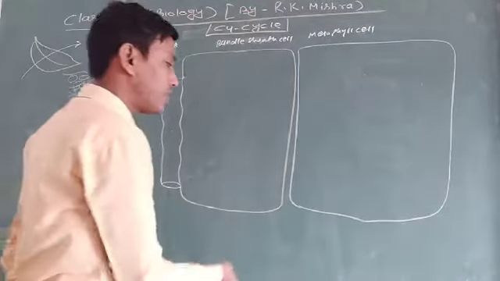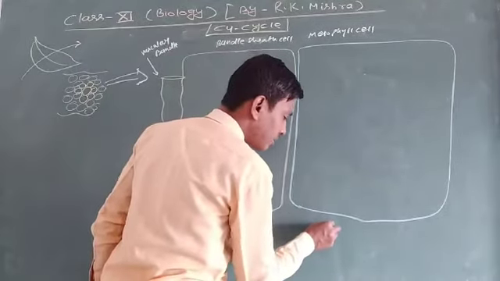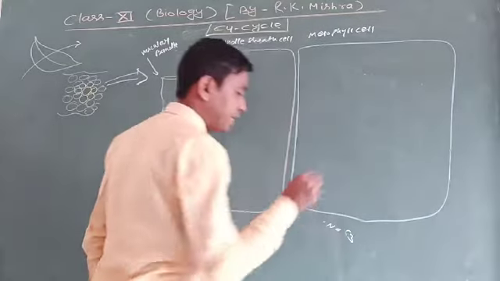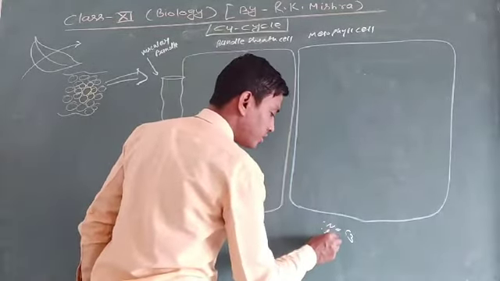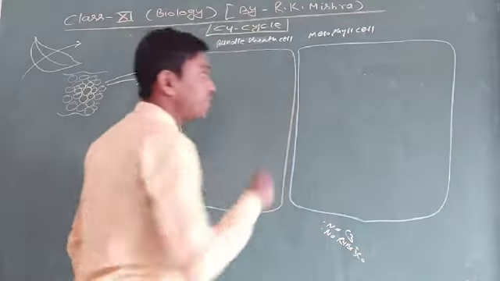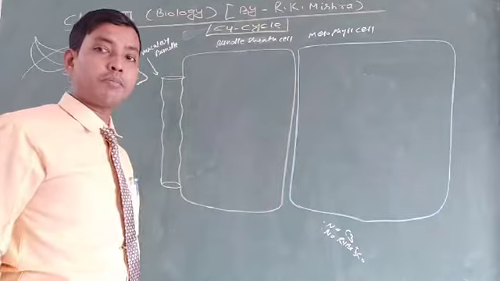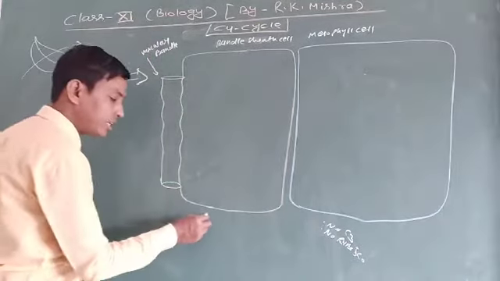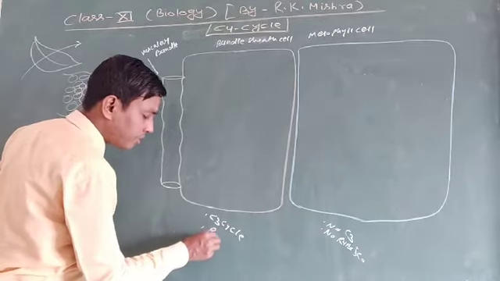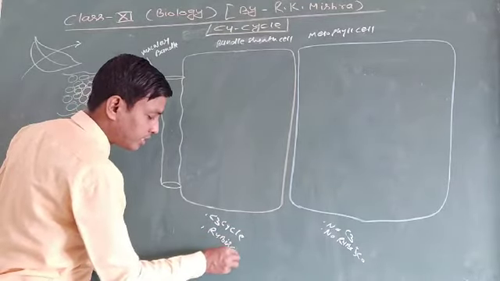Characteristics of mesophyll cell: this cell has no C3 cycle because of having no Rubisco enzyme. It means in mesophyll cell, Rubisco enzyme is absent, and in bundle sheath cell, the C3 cycle occurs because of having Rubisco enzyme.